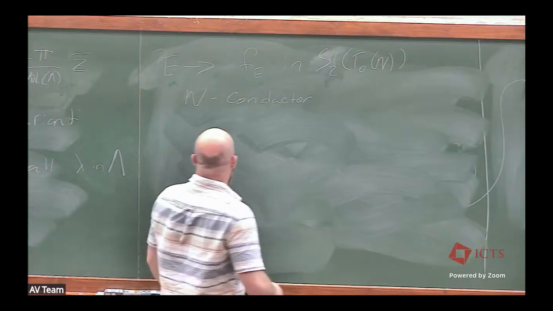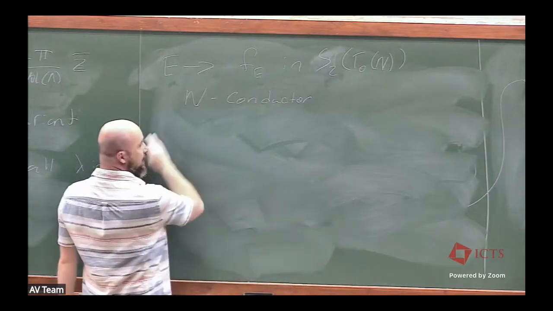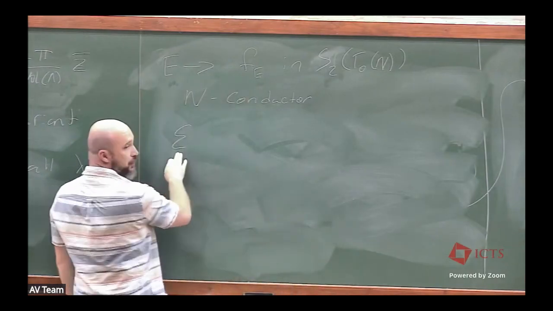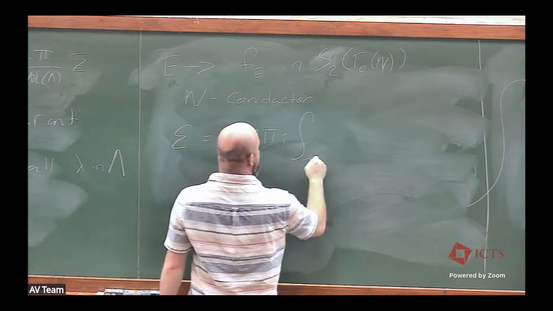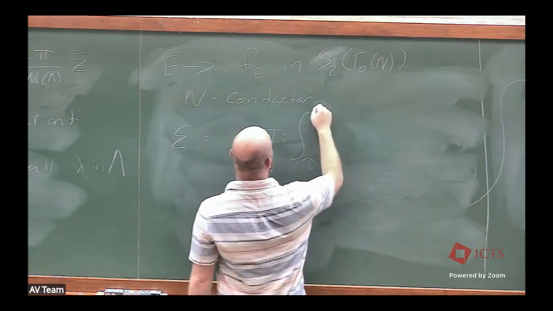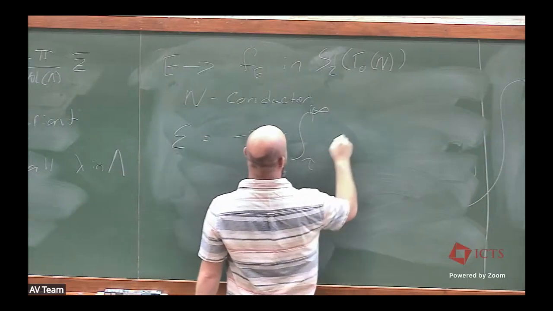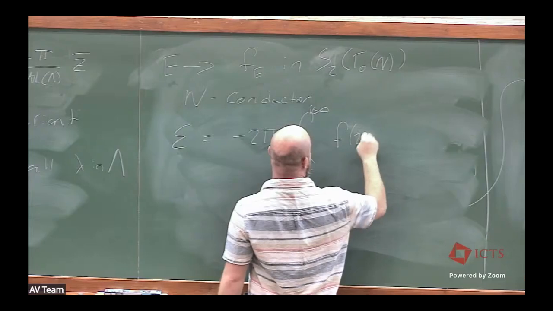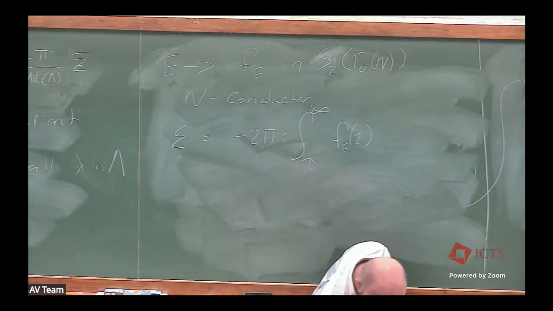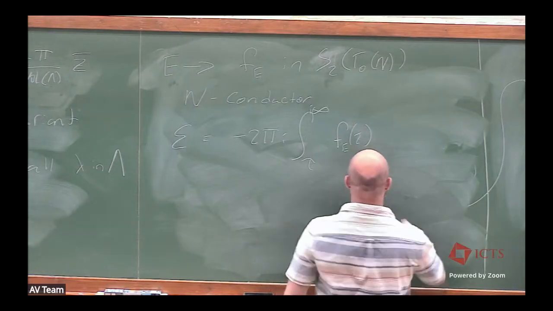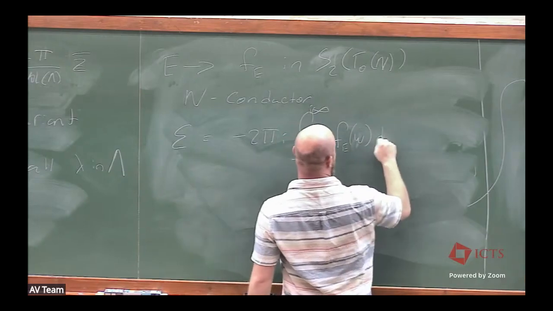The next thing that we're going to use is the Eichler integral of this. So I'm going to say this curly E equals minus 2 pi i, the integral of tau up to i infinity of F_E of w dw.